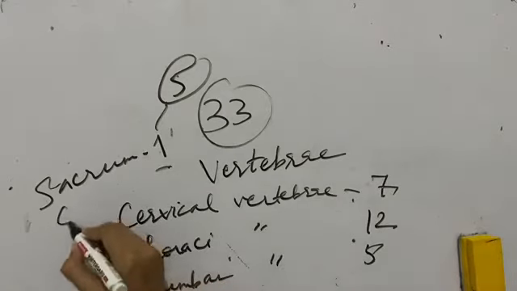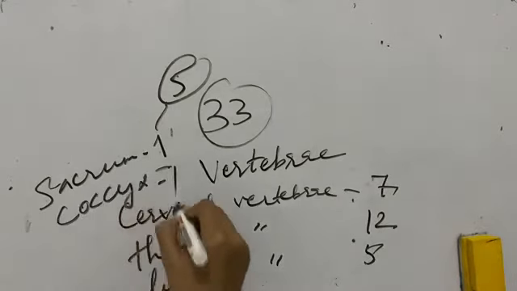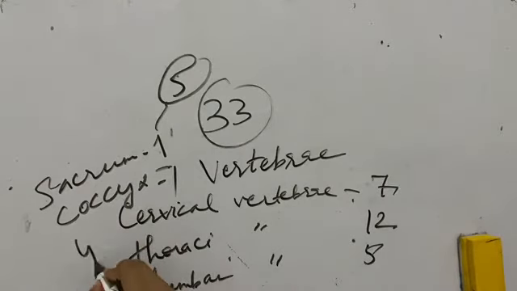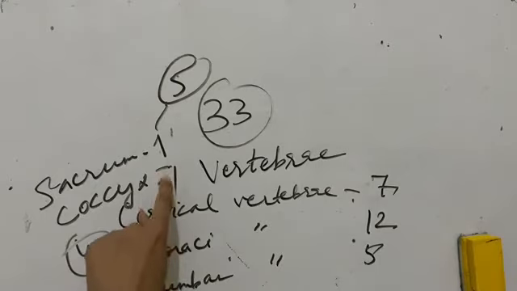After that is present one coccyx, which is also made up of 4 bones, but these 4 are combined, so we take it as one only.